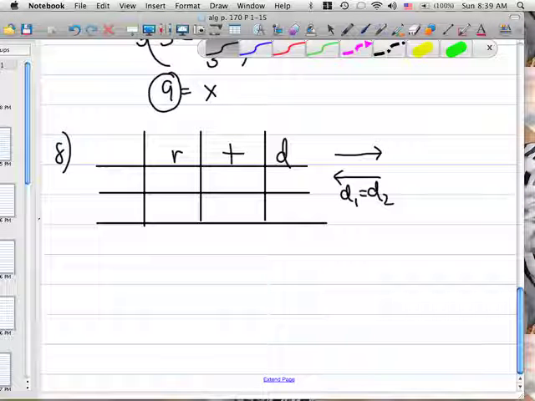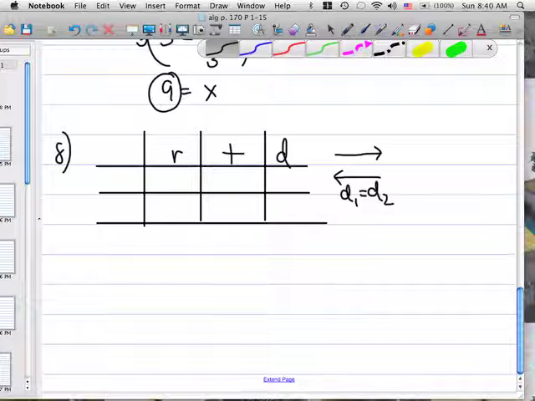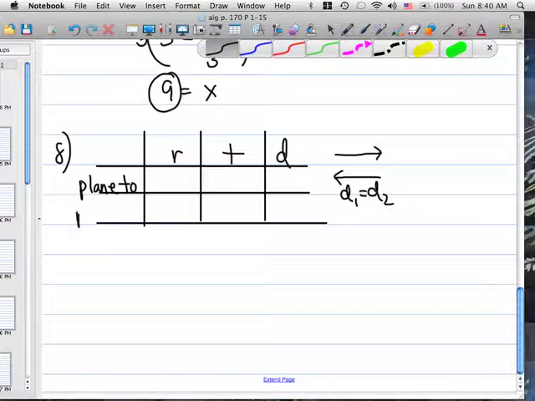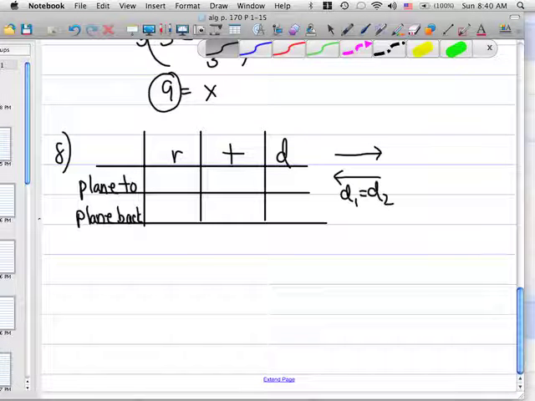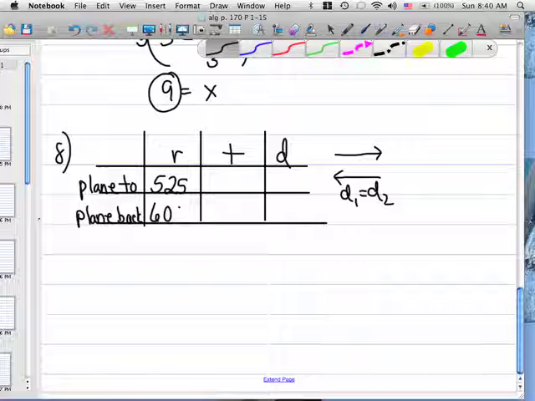So the two objects moving are the plane going to its destination and the plane returning. Going to Los Angeles, it was traveling 525 miles per hour, and returning at 600 miles per hour.